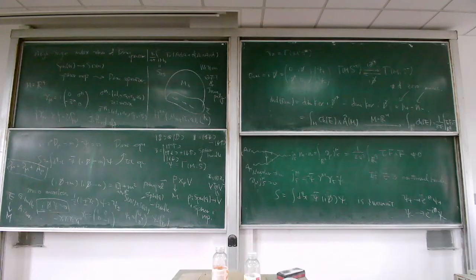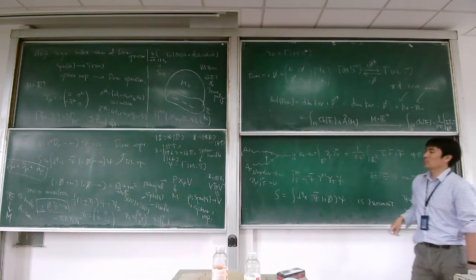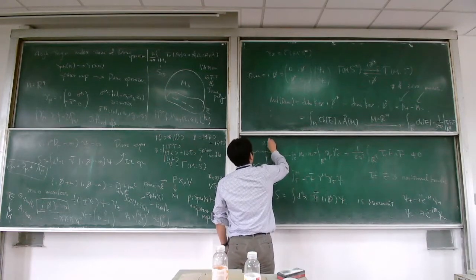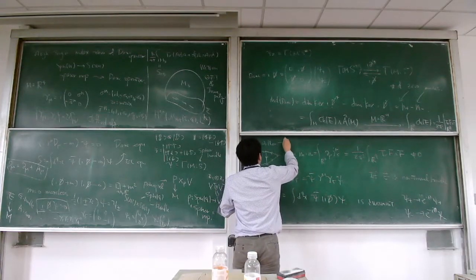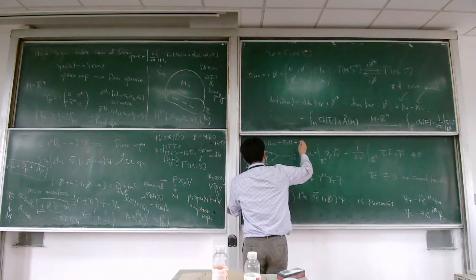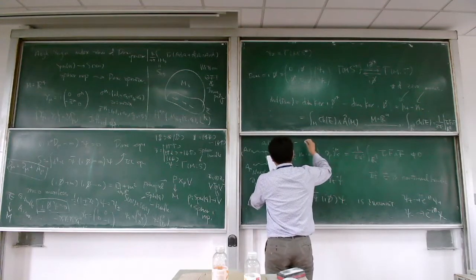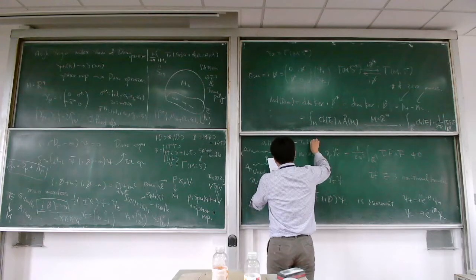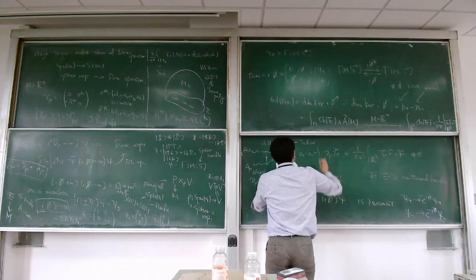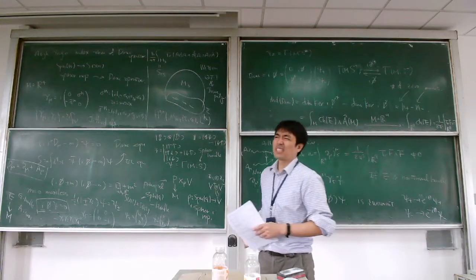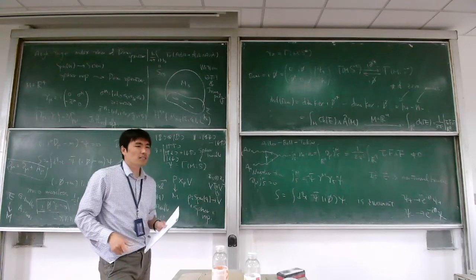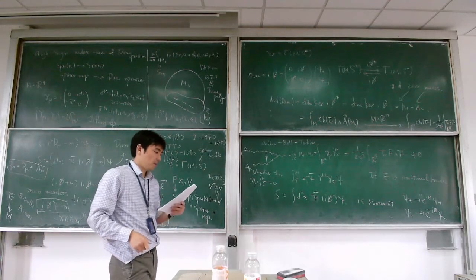The index theorem is more elegant. Of course, this was originally found by Bell and Jackiw. I think it was around the 60s or 70s, I don't know the time, to be honest.